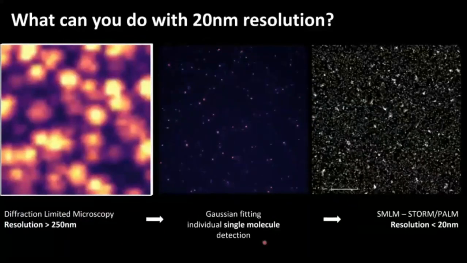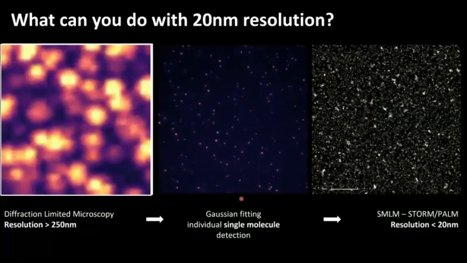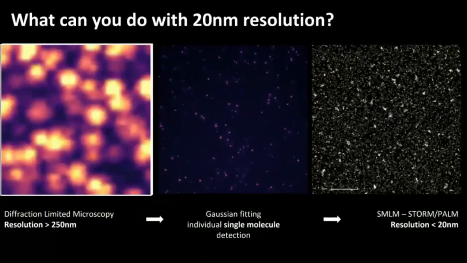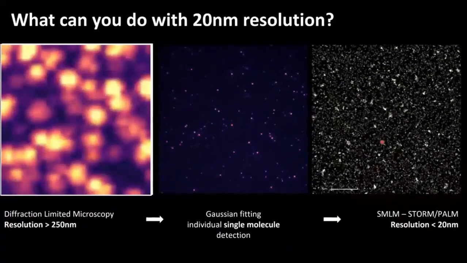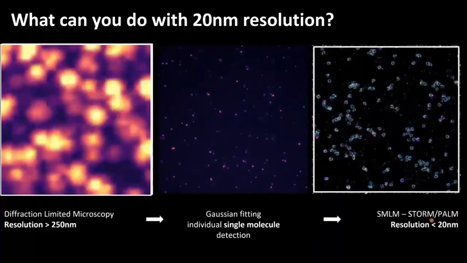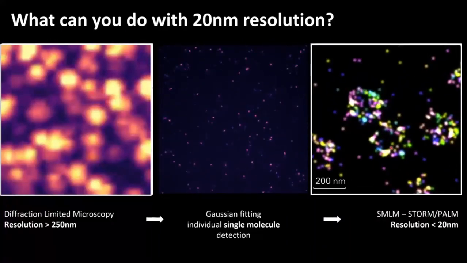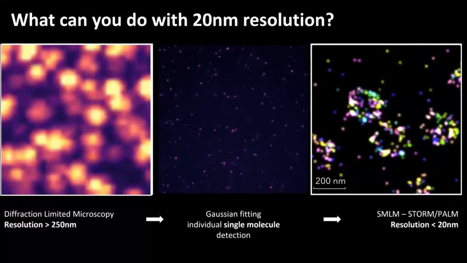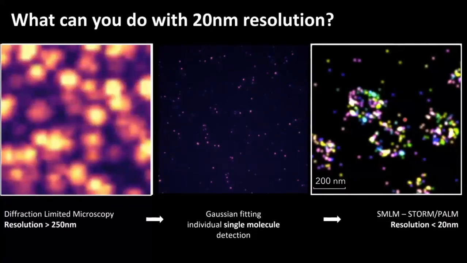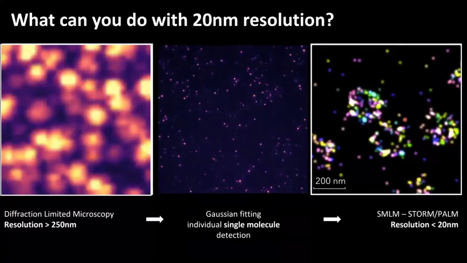However, if we perform Gaussian fitting, as I mentioned earlier, with single molecule localization microscopy, then we can detect these single fluorophores and then create a picture that is less than 20 nanometers in resolution. And here now we can start to zoom in and understand a bit better the composition of these extracellular vesicles, their structures, their protein compositions, and how they're organized. And this will give us better insight on how they function in cancer progression and in therapeutics.